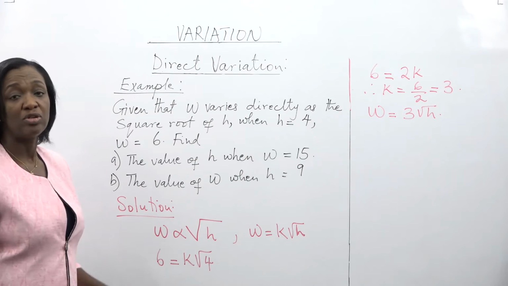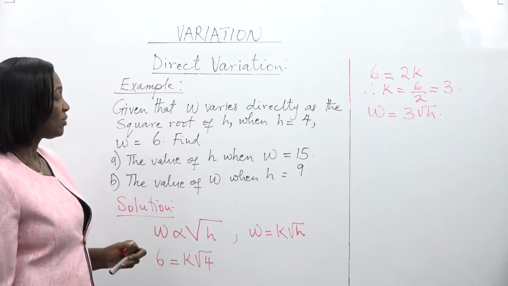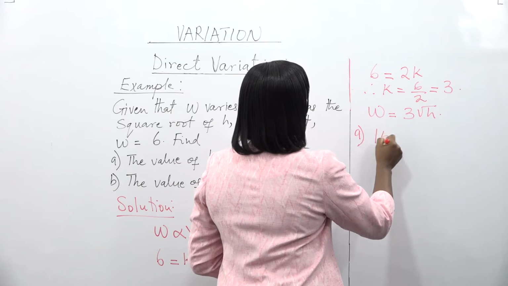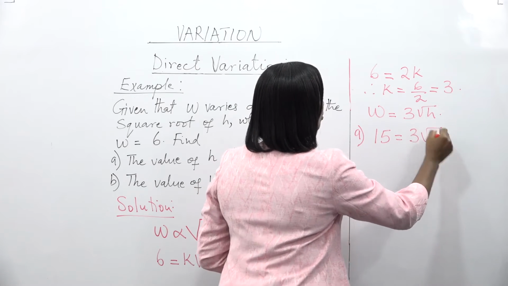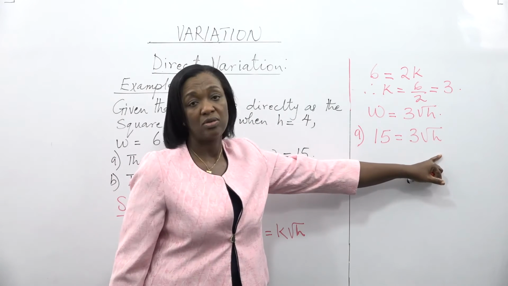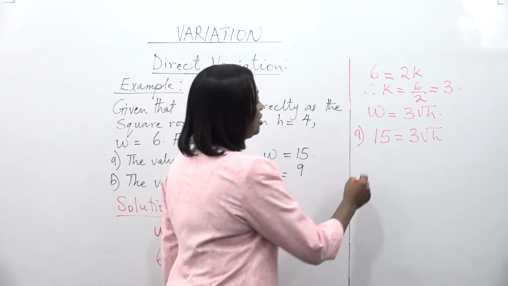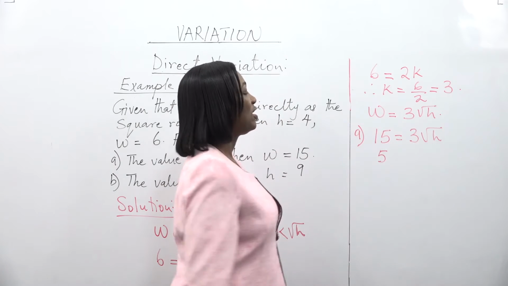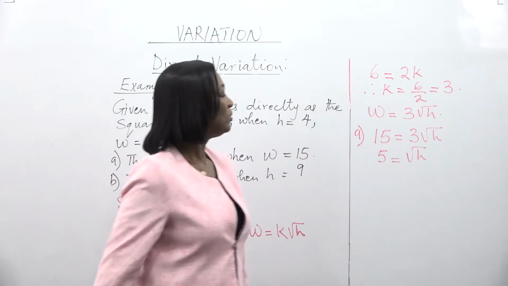So that's the formula we're going to use to find the value of h when w is 15. So w is 15 for A. 15 is equal to 3 root h. We want to make h the subject. We want to find the value of h. So we divide both sides by 3. So we have 5, because 15 divided by 3 is 5. 5 is equal to root h.